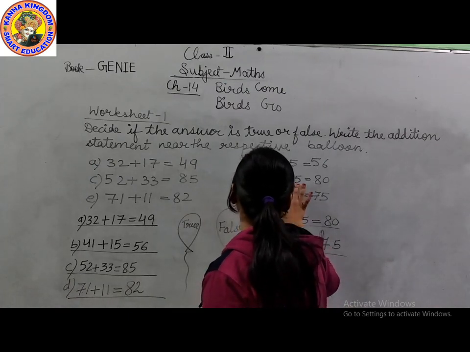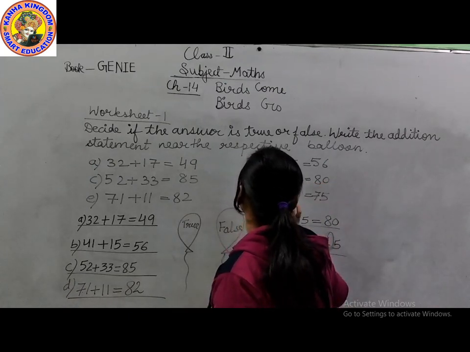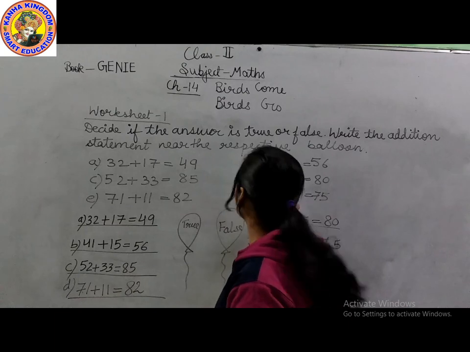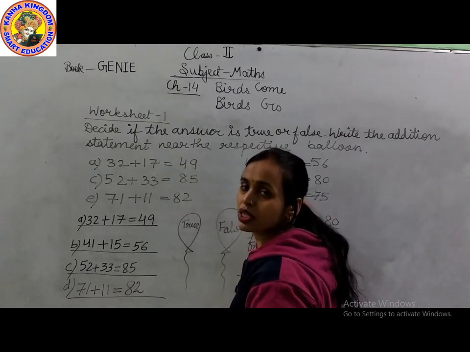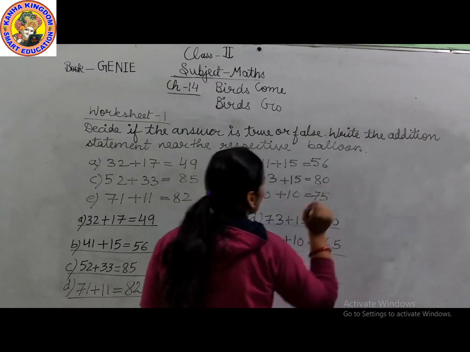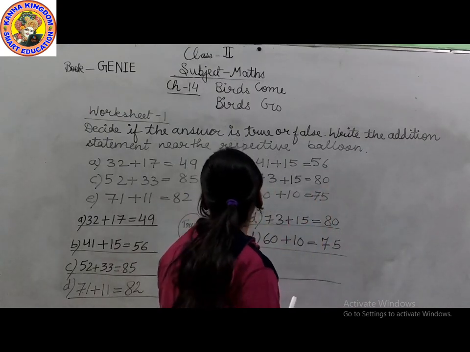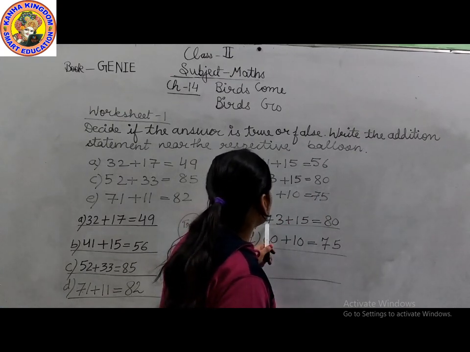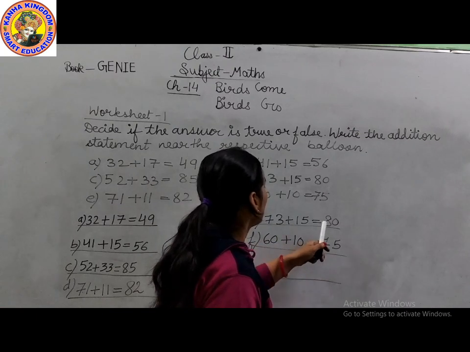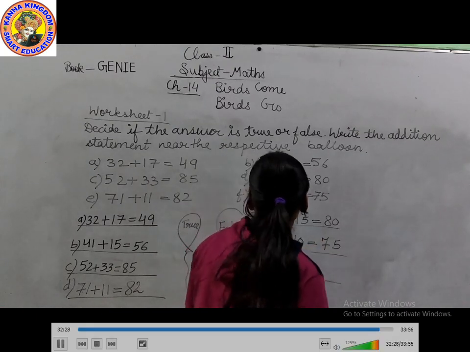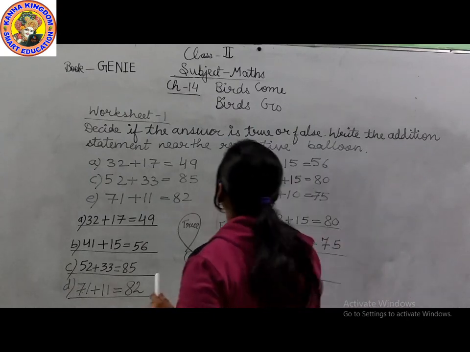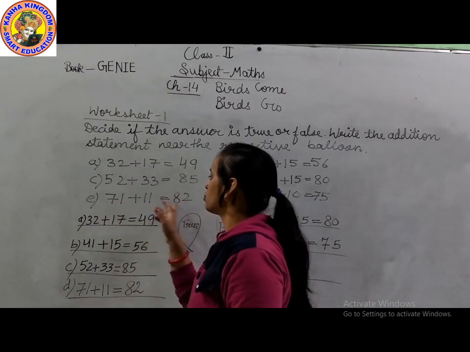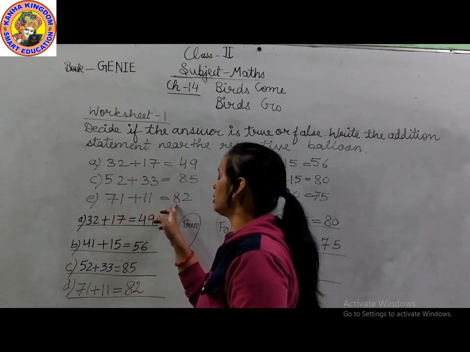Now 73 plus 15 equals 80. So 3 plus 5, 8 and 7 plus 1, 8 means 73 plus 15 equals 88, but there is 80, so this is an incorrect addition statement. So write in D, 73 plus 15, 80, false, near the false value. Now next is 71 plus 11 equals 82. 1 plus 1, 2, 7 plus 1, 8.